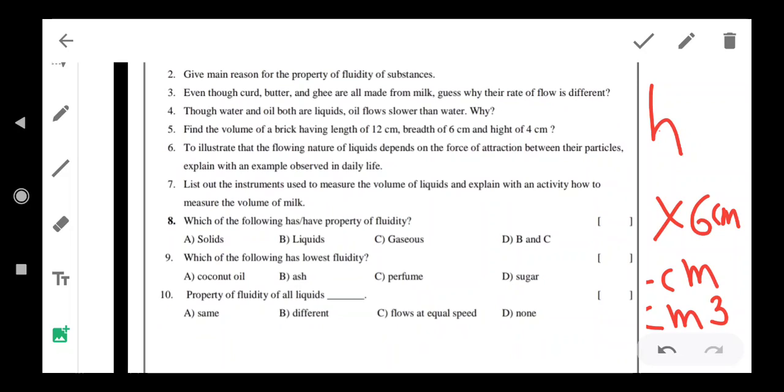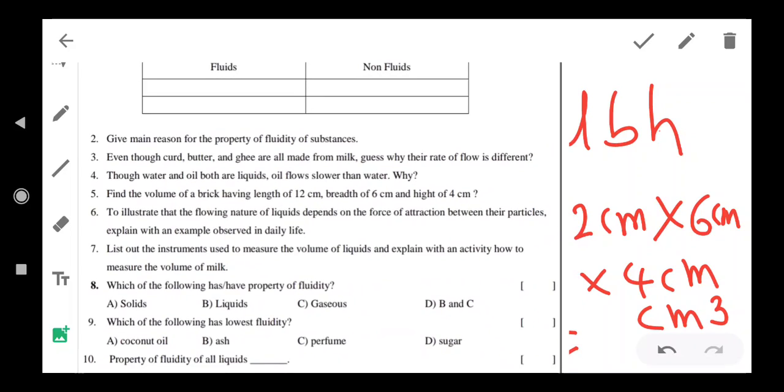Okay, we'll go for the next one, seventh one. List out the instruments used to measure the volume of liquids and explain with an activity how to measure the volume of milk. For solids we find the volume with the formula L into B into H, but milk is a fluid, so we can't measure with this.